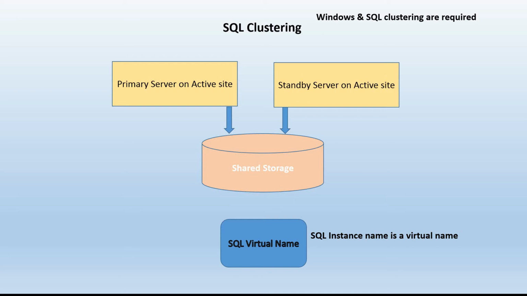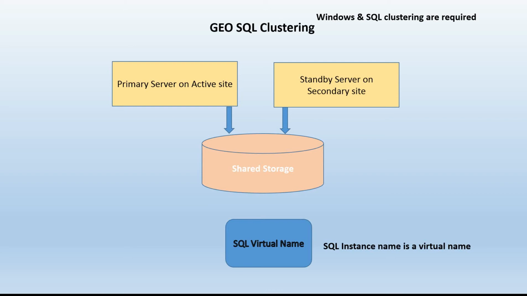The intention here is not to talk about the details of different SQL clustering scenarios, but to talk about the fundamentals of SQL clustering. At the top of that setup, you have a SQL virtual name, which is nothing but the DNS name, which is the SQL Server instance name. You need Windows to be clustered, and on top of that, you need SQL to be clustered. So that's SQL clustering.